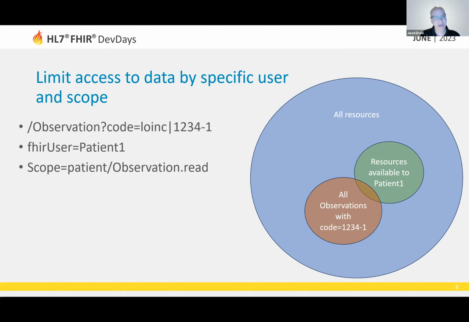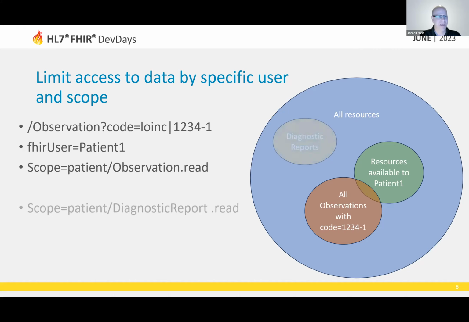And we should also enforce Smart on FHIR scopes, like patient/observation read. So in this case, all observations would be available to you, and then we filter it by the code, and it's still available to patient one. So again, you get a response back with the overlap of those two circles.